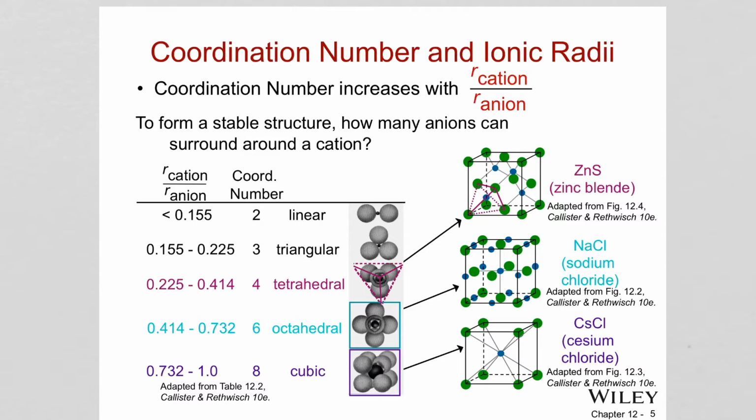For a specific coordination number, there is a critical or minimum RC over RA ratio for which this cation and anion contact is established.